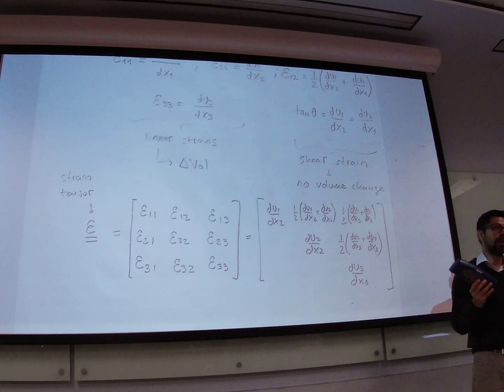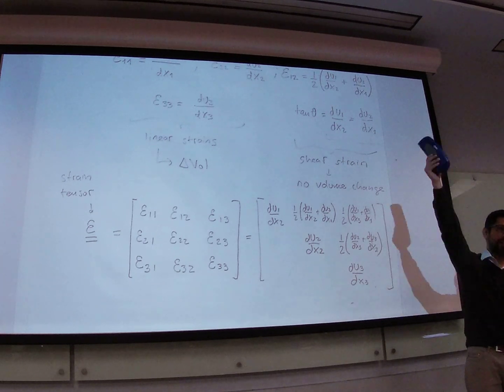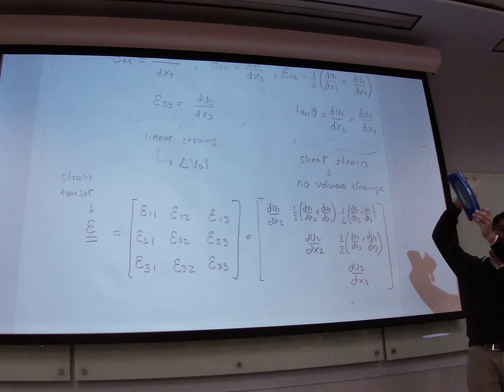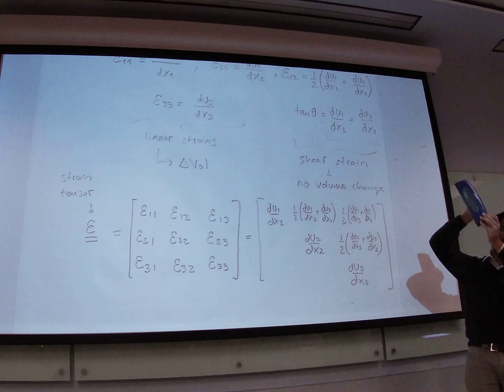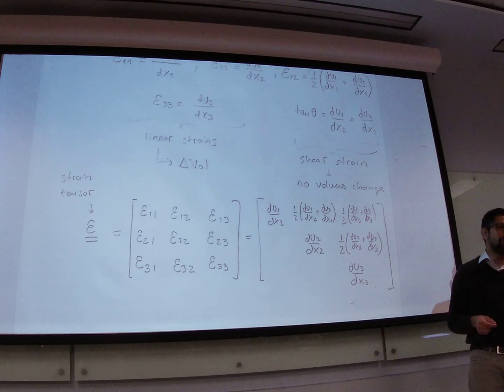Even if I throw it. When the solid does get strained is when there is a change of displacement related to the change of original length. As I throw this, if the displacement from here and here, they both change the same amount, and the original length remains the same, there is no strain. But if I compress this, and now there is a change of length, that's when I get strains.